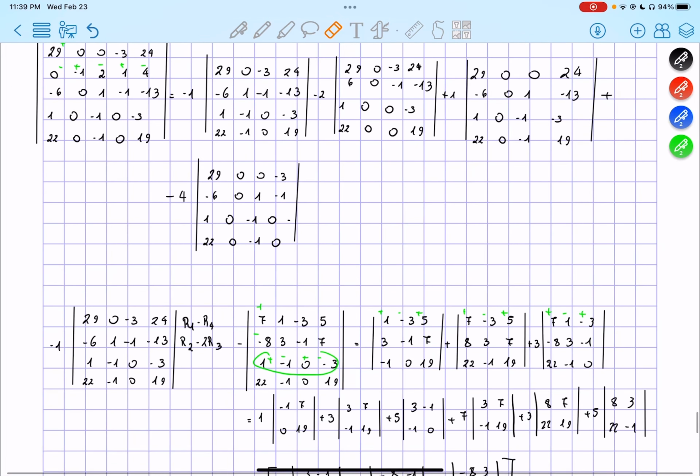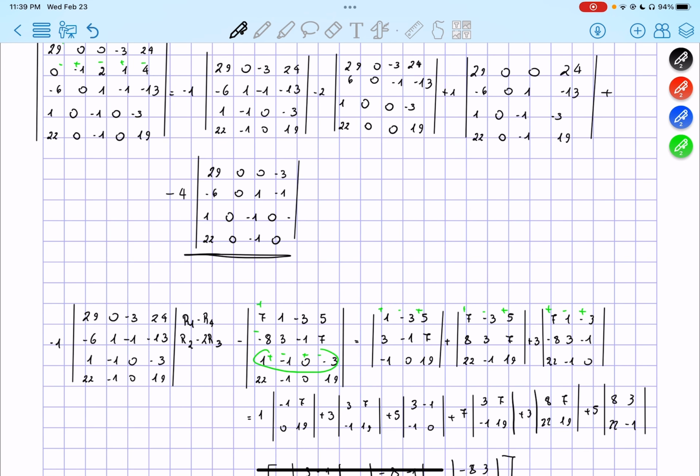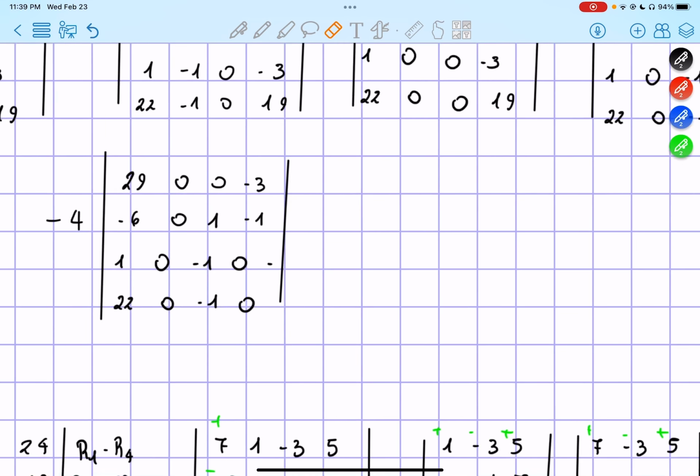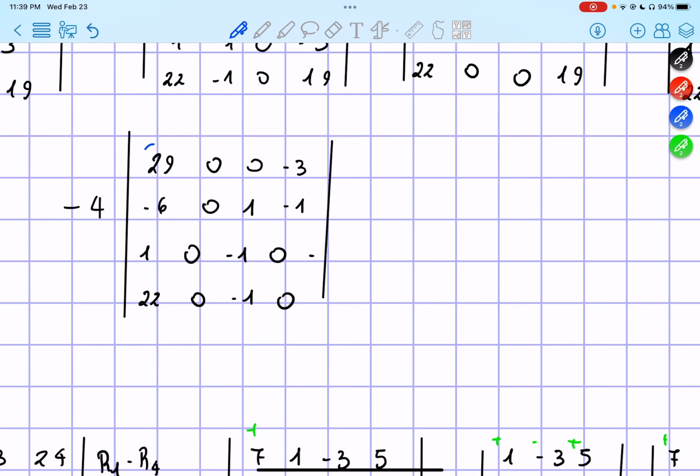Now, as you can see, this one ends up being fairly easy. There's a lot of zeros. This one as well, and this one as well. The first one had the least zeros possible, so that becomes more complicated. Now, for example, I can see that if I develop this one, there will be only 2 of them because there's 2 zeros.